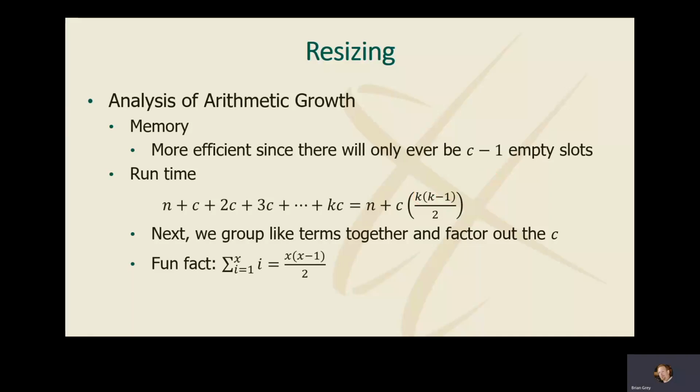So if we take this equation and put it in big O notation, we get n plus CK squared. Does this tell us anything yet? Do you guys feel like, oh, that makes sense? This is going to run in n plus CK squared time.